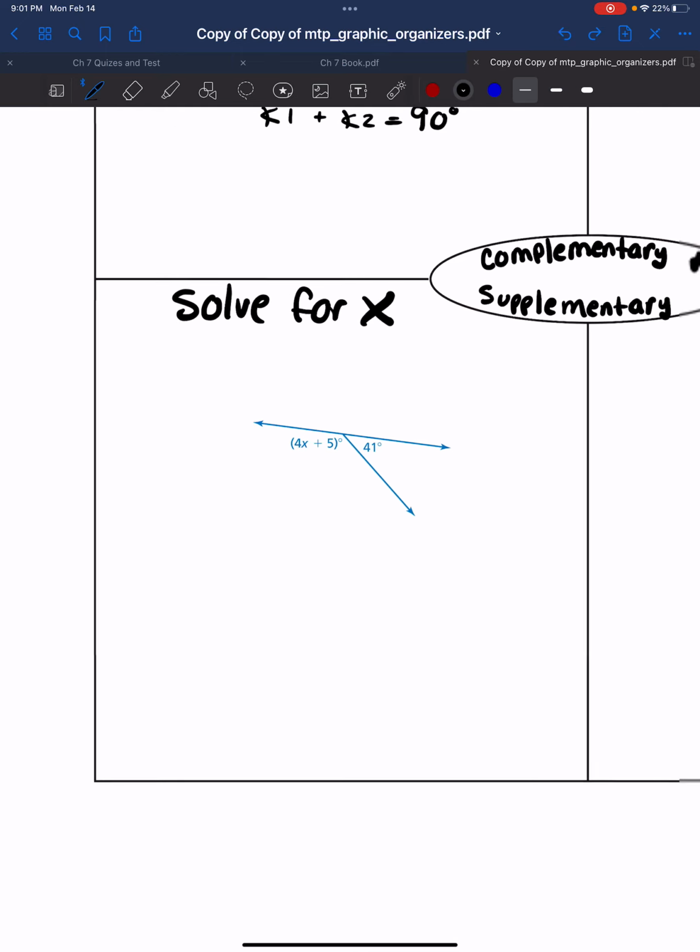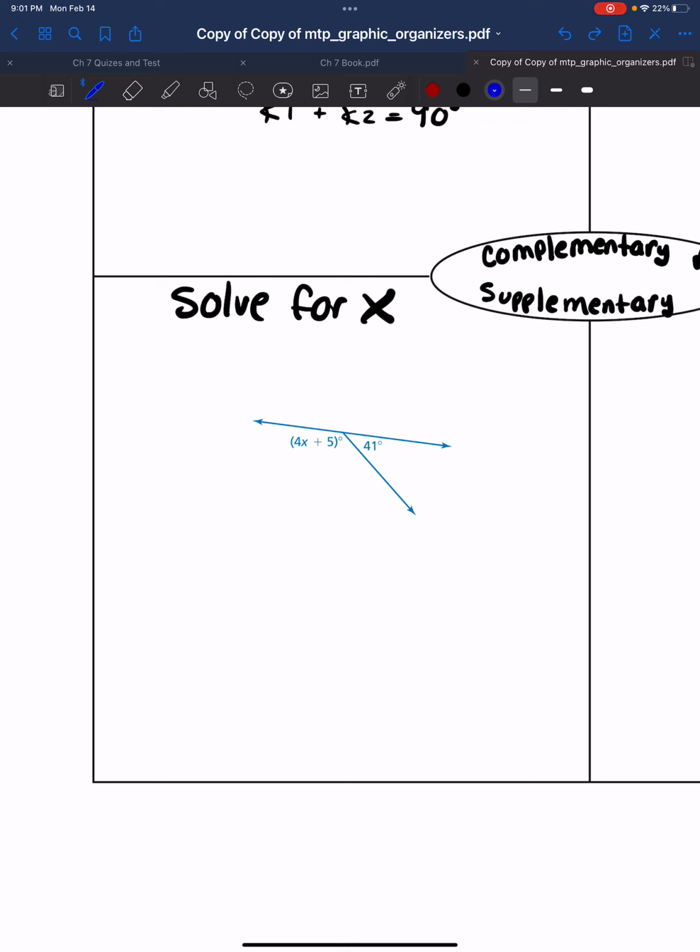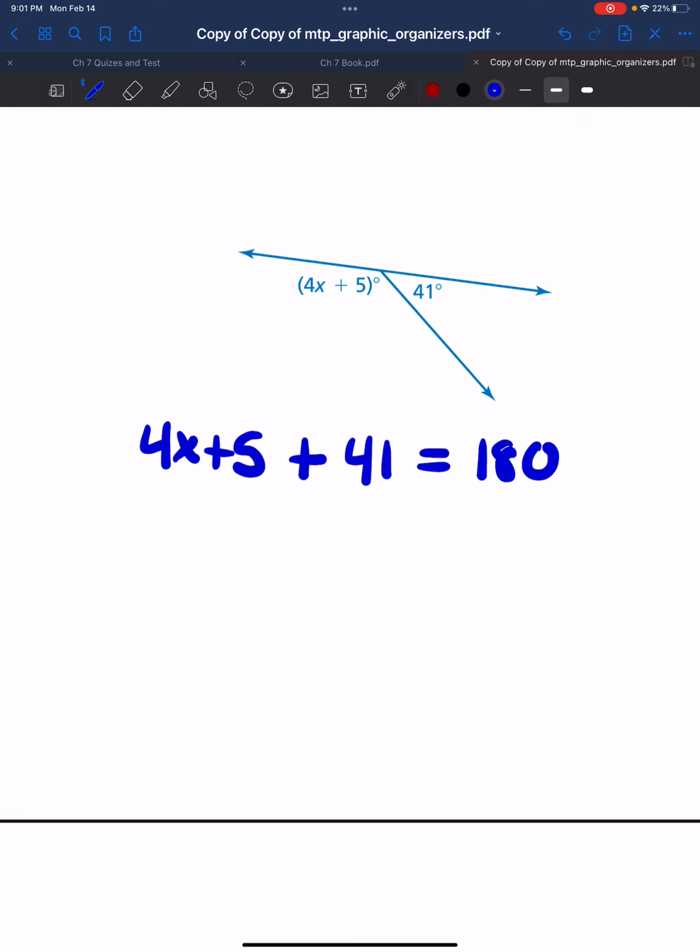So I'm just going to go ahead and grab my pen. I'm going to say 4x plus 5, which is that first angle, plus 41, which is that next angle, should all equal 180 degrees. Now just simply solve for x. Let's go ahead and combine my like terms first. So now I should have 4x plus 46 equals 180.